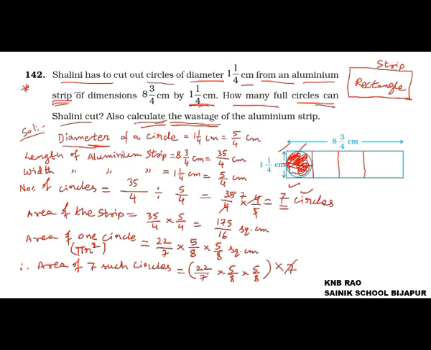So this 7 cancels with this 7, 2 11s cancel with 4. So totally now we have got 11 into 5 into 5, which is 275 upon 8 4s are 32 square centimeter. So this is the area of the strip and the area of 7 circles that we are cutting on it.